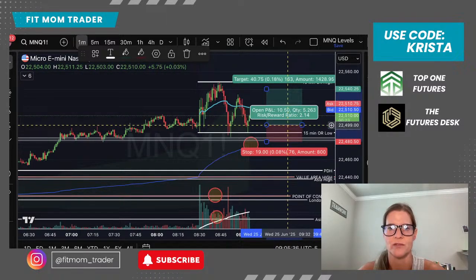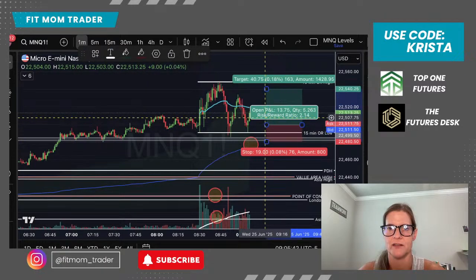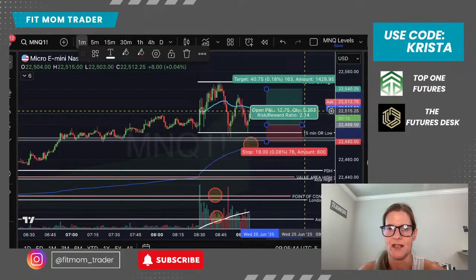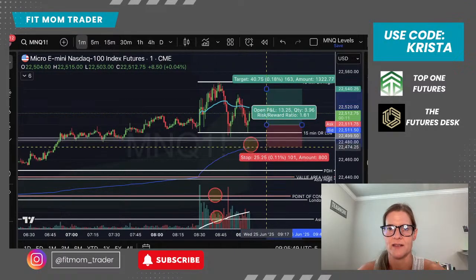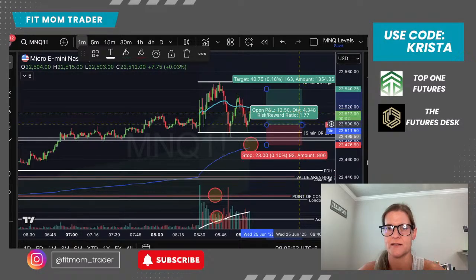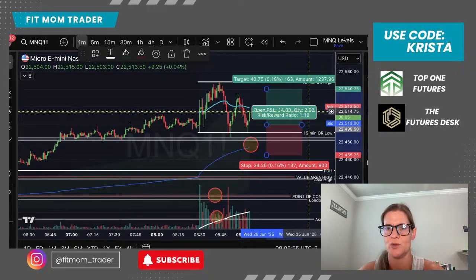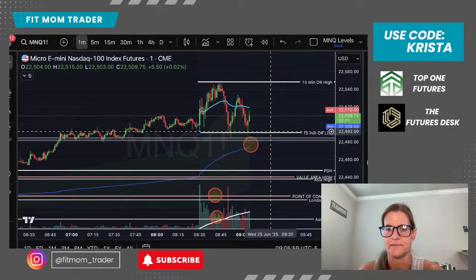If you double click on this, I like to risk about $200 per trade. And then it tells me my quantity if I was to take this trade, which I'm not. Playing around with your stop loss, it tells you order 4 contracts, or in this case, order 2 or 3 contracts. That's how I figure out my sizing.